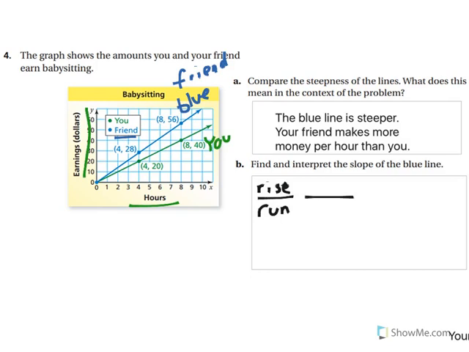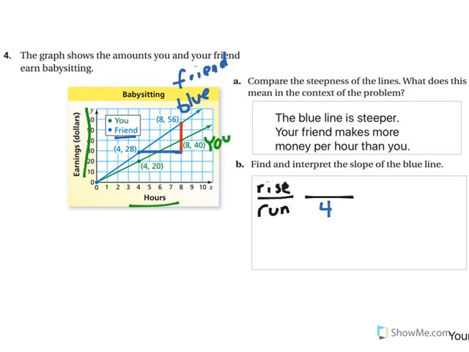And so for our rise over our run, we can go over 1, 2, 3, 4. It goes over 4, so our run is going to be 4. And then it goes up from 30 up to 56. Now that could be a little confusing, 30 to 56.